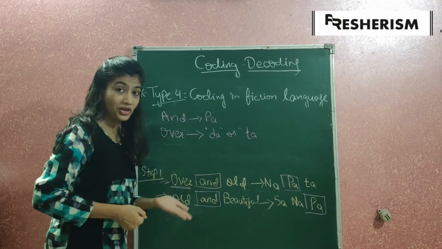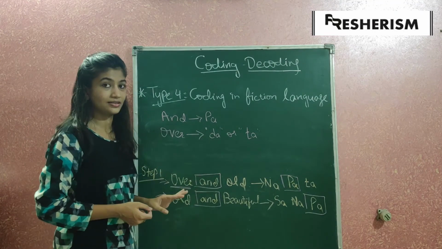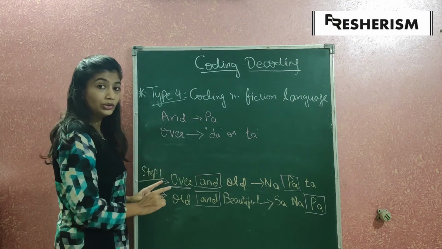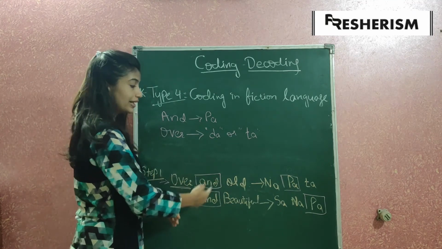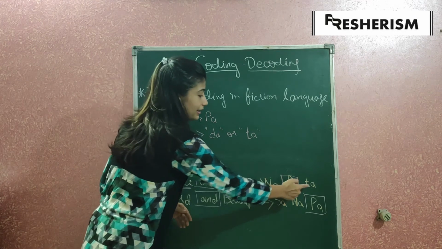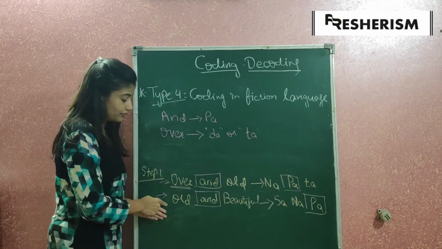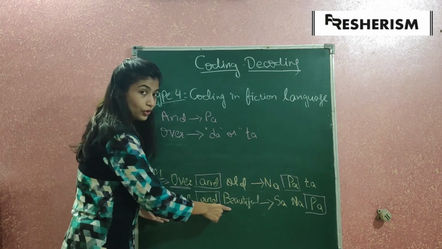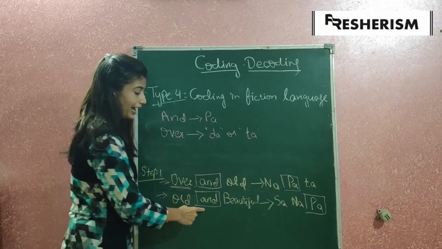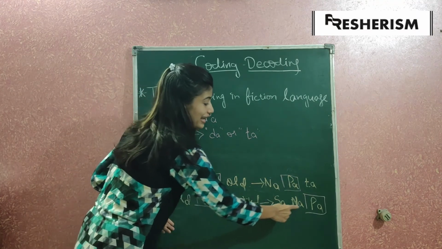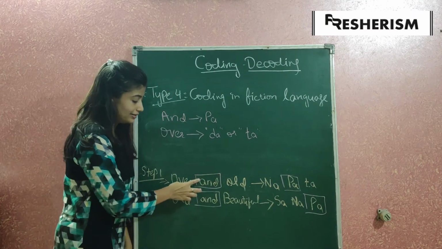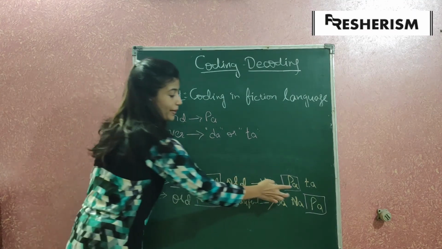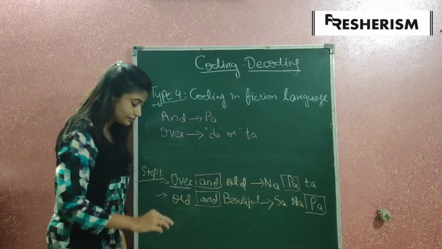So the updated question, I have just twisted this question: now the words are over and old, and the code for over and old is NAPATA. Next the words are old and beautiful. The code for old and beautiful is SANAPA. We have already identified the matching word and the matching code PA.